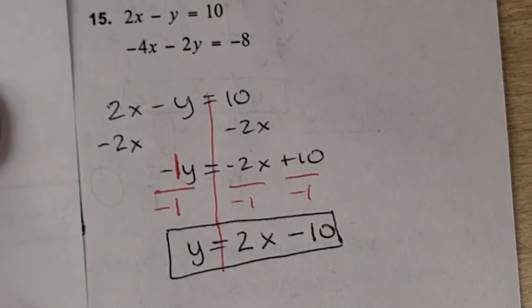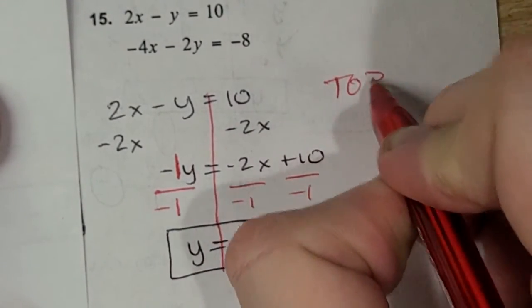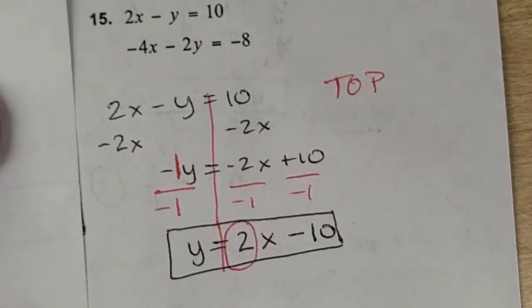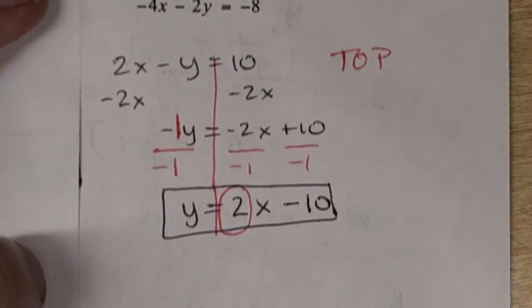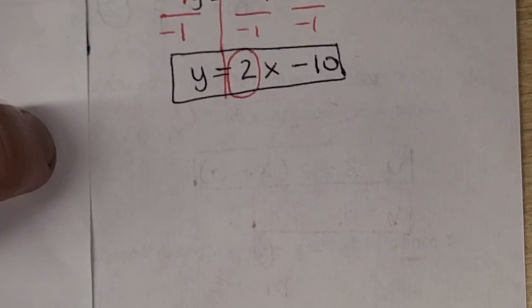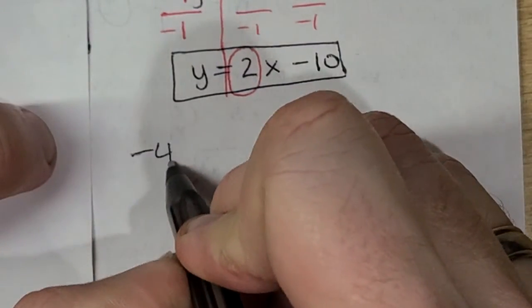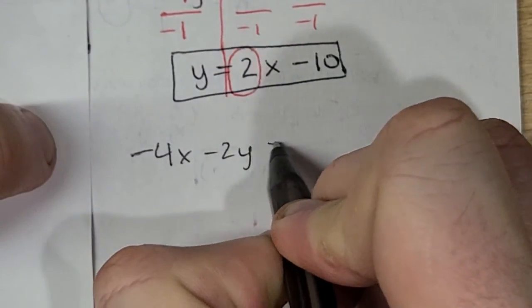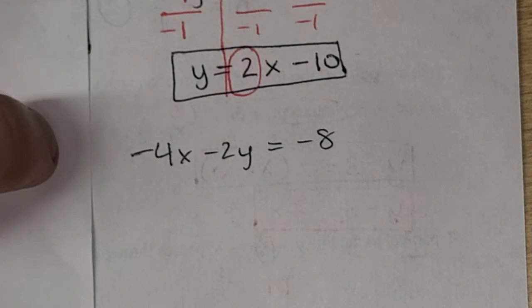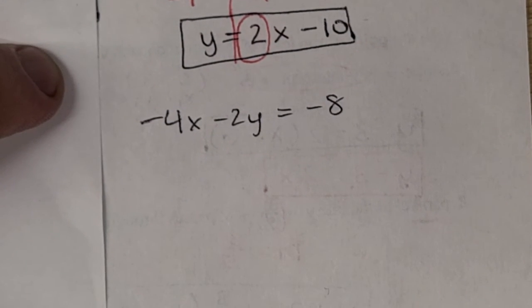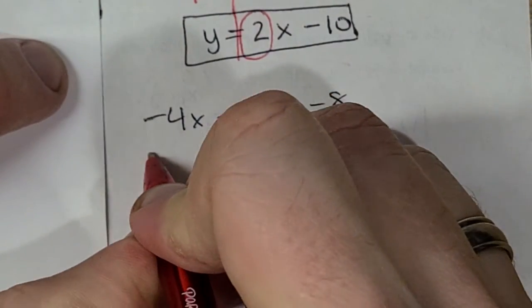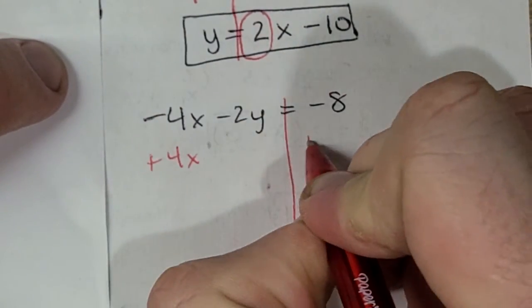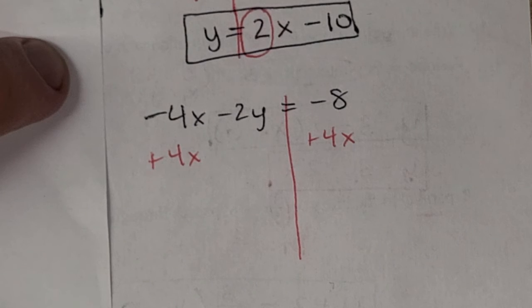So that's my top equation. And I know that has a slope of 2. And then we're going to move down to the bottom equation, which says negative 4x minus 2y equals negative 8. And I'm going to do the same thing. I'm going to get rid of my x term.